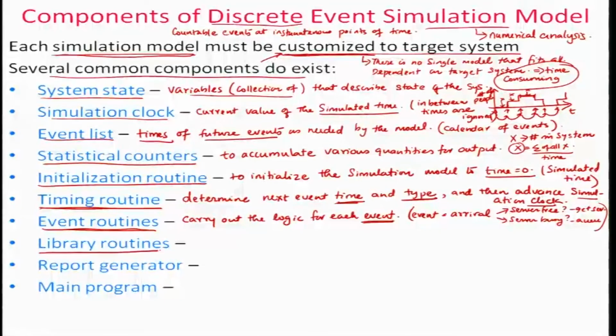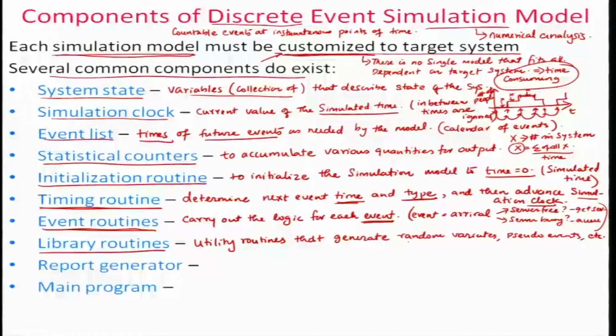Then comes something called library routines. This is quite common and very well used. These are utility routines. And what do these routines do? Utility routines that generate random variates, pseudo events, etc. I said that we use random numbers or random variables or random variates to do the simulation.